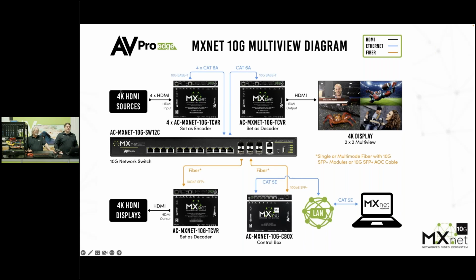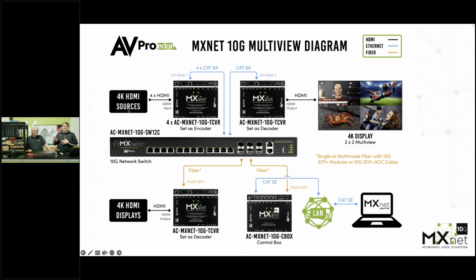And so now we can take these sources, we can play all 4 sources on one screen, we can play any of those individual sources over here, and with this control box that's connected to your local area network, you're actually able to then manipulate everything, allow this source to go to this TV.